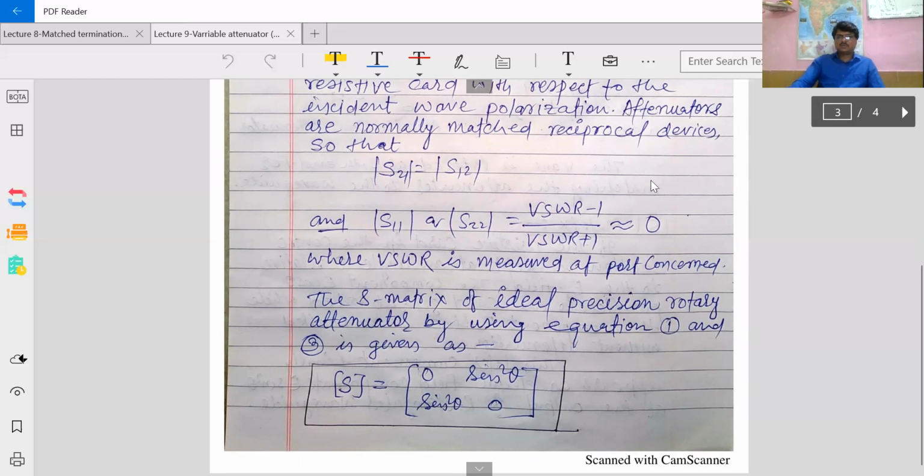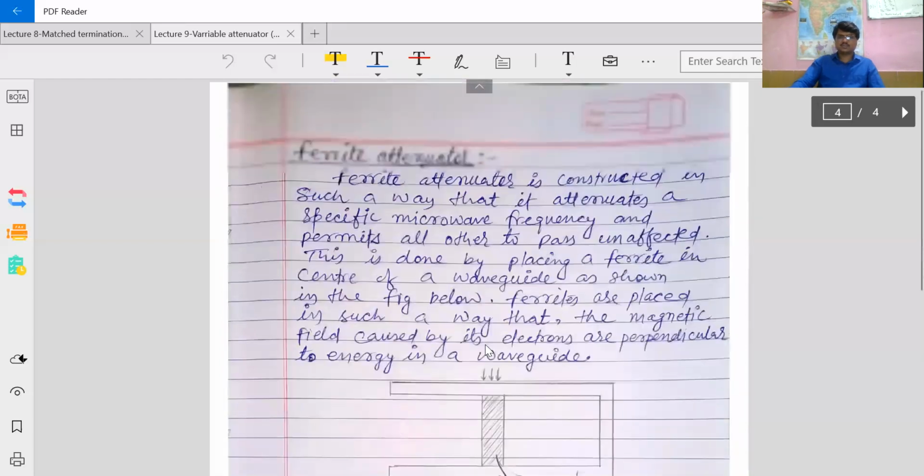So I hope you have understood about it. And the last one is the ferrite attenuator. So what is the ferrite attenuator? A ferrite attenuator is constructed in such a way that it attenuates a specific microwave frequency and permits all others to pass unaffected.